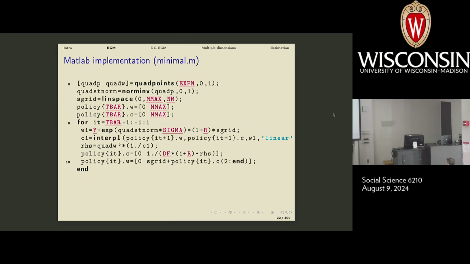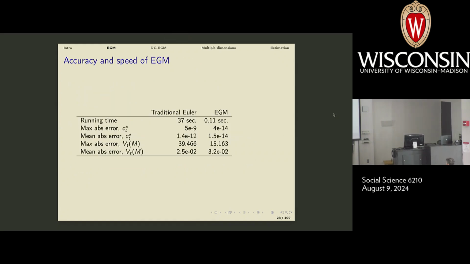It's super easy. 11 lines in MATLAB. This is the implementation of the full-blown consumption savings model with stochastic returns, I think, over a life cycle, with some constraints. And it flies. You can see the running time is just fractions of a second, and I'm trying to make it really, really hard for EGM.